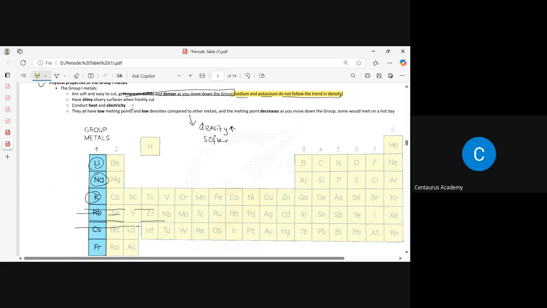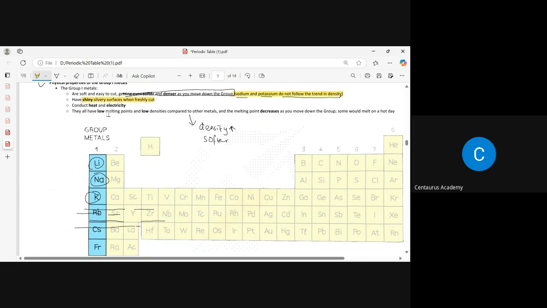They have shiny silvery surfaces, but since they are so reactive, when you freshly cut a piece of soft group 1 metal, as soon as you cut it, you will be able to view the shiny silvery surface in the cross section. But it is so reactive that it is going to react with atmospheric oxygen, as a result of which it is going to form a layer of its own oxide.